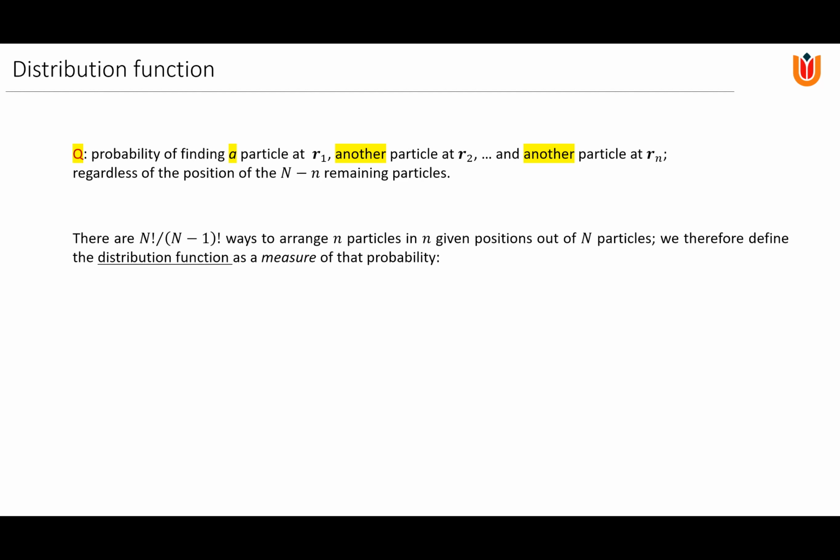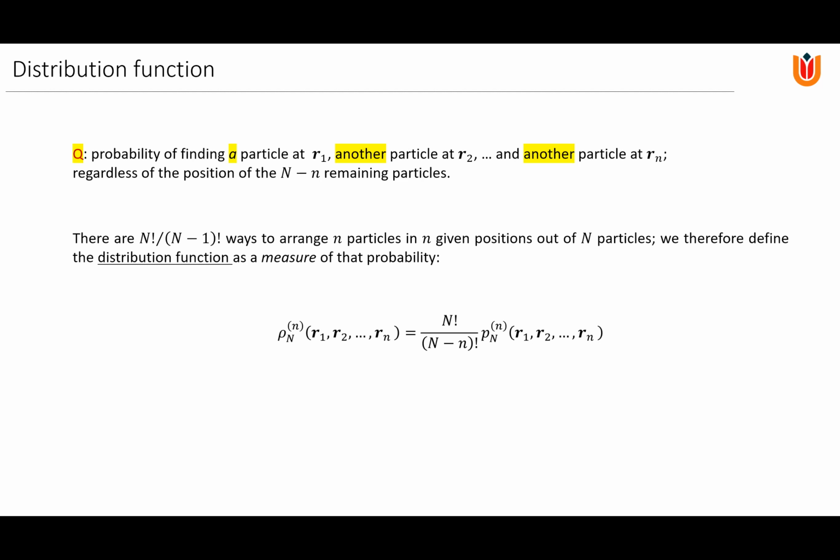If we add all these possibilities together, we can find a new function, a distribution function, as a measure of this probability. We take the partial probability function and multiply it with the number of ways in which we can organize it.